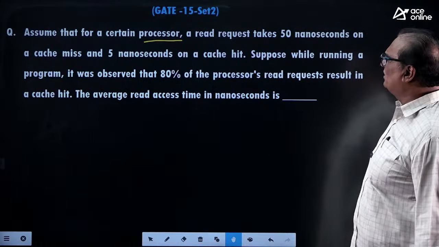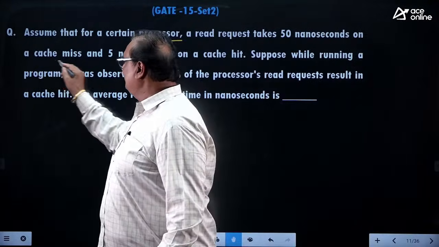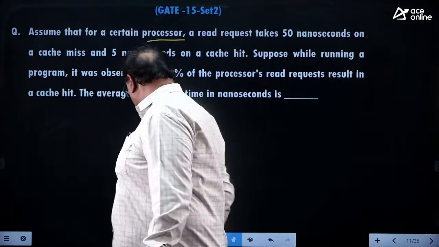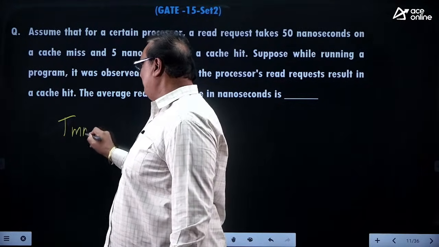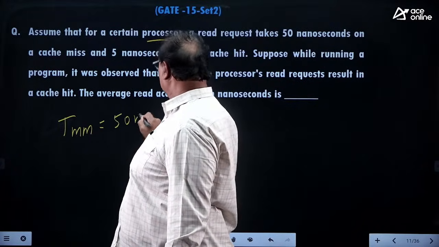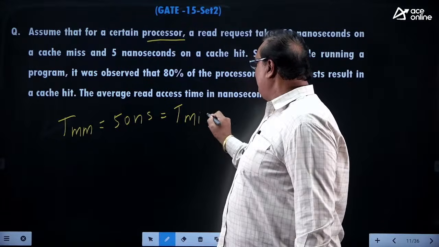Assume that for a certain processor, a read request takes 50 nanoseconds on a cache miss. When a miss has occurred, it takes 50 nanoseconds, nothing but TMM, main memory access time, 50 nanoseconds, the miss time, T miss.